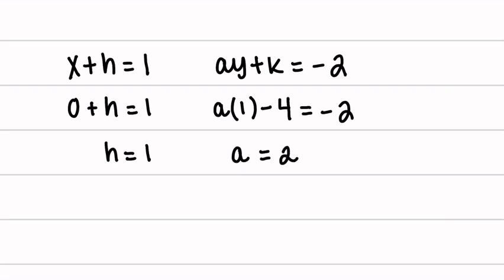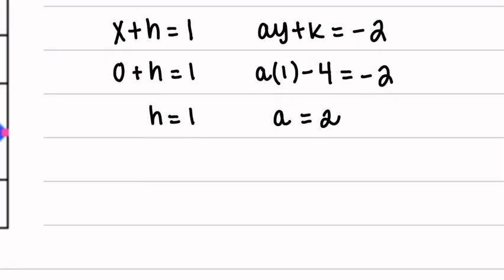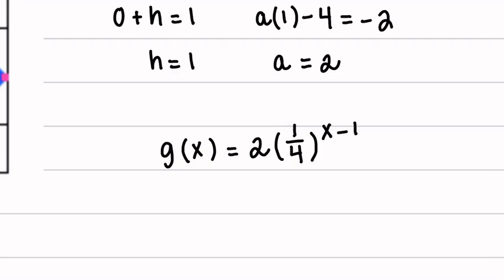This results in a equals positive 2. All right, so I know a, h, and k. Write my equation. g of x equals 2 times 1/4 to the power of x minus 1, minus 4, my k value.